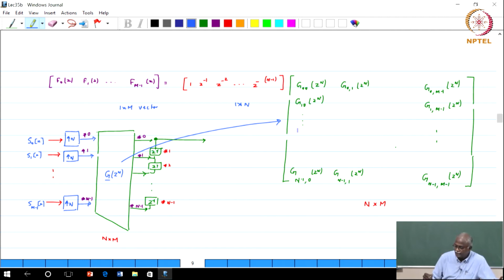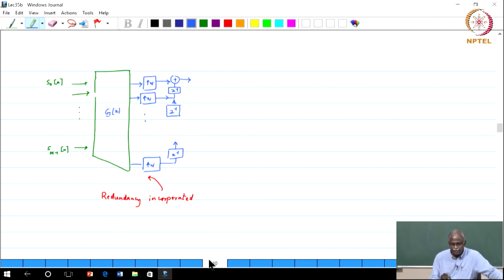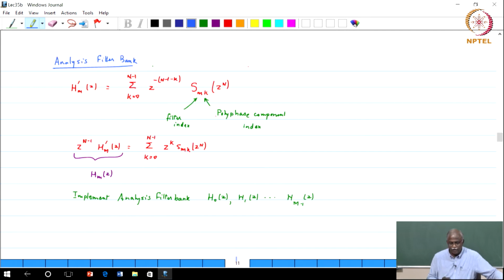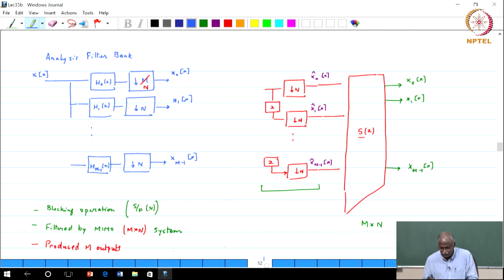So, basically the polyphase components of each filter are along the columns, and there are m such filters, and therefore you get an n cross m matrix. Basically the redundancy part is being shown by a trapezoid instead of a rectangle. Similarly, you can move things using the noble identities. So, this is how. Okay. Now, for the analysis filter bank, we said we will do a type 2 polyphase decomposition.